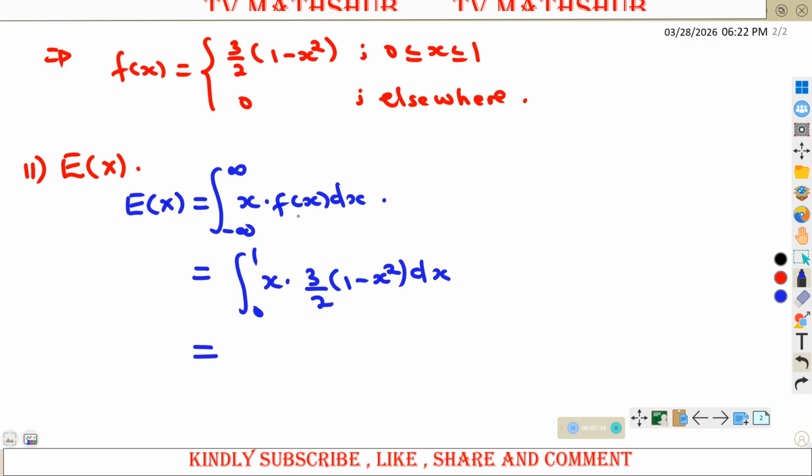So we get x times f of x. Since f of x is known, we shall substitute for it. Then our limits we are considering from 0 to 1. All other limits will be giving you 0, so that's why we have not considered them.